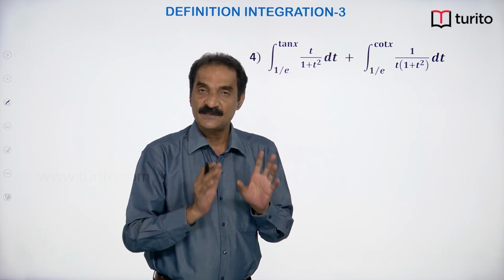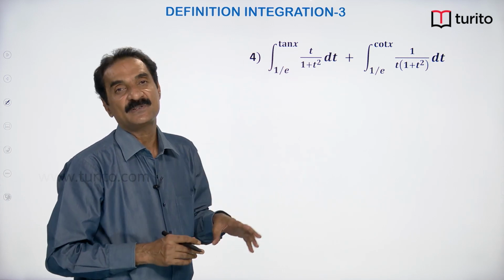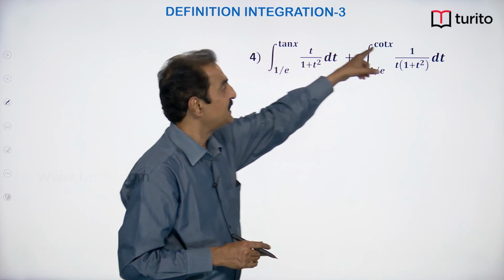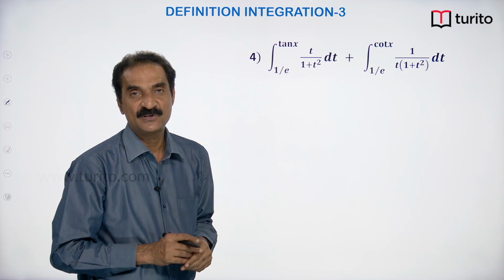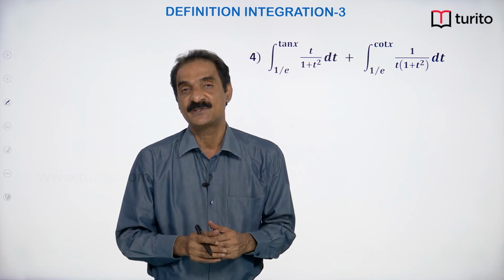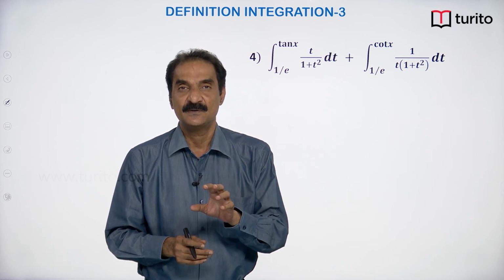Okay. And this is one point, and another important point is whenever reciprocal numbers are present as limits, like tan x and cot x, they are reciprocal to each other. Whenever reciprocal numbers are present in the limits, immediately you have to substitute x is equal to 1 by t. Okay.